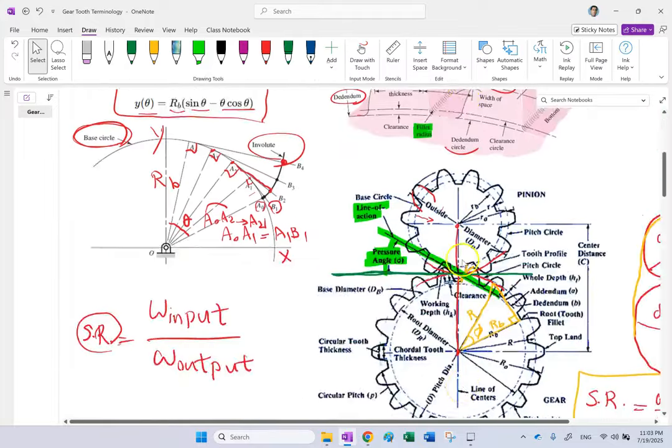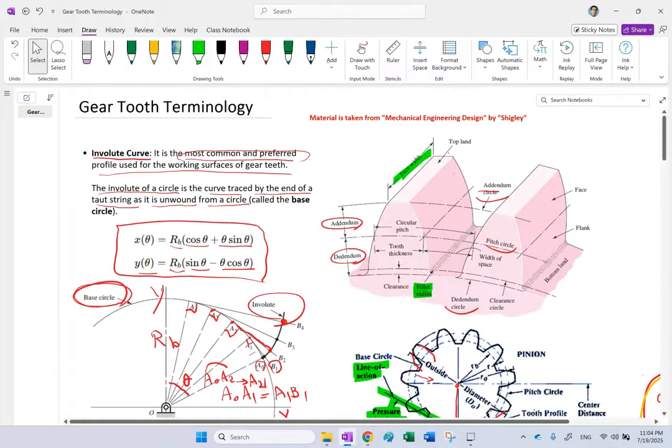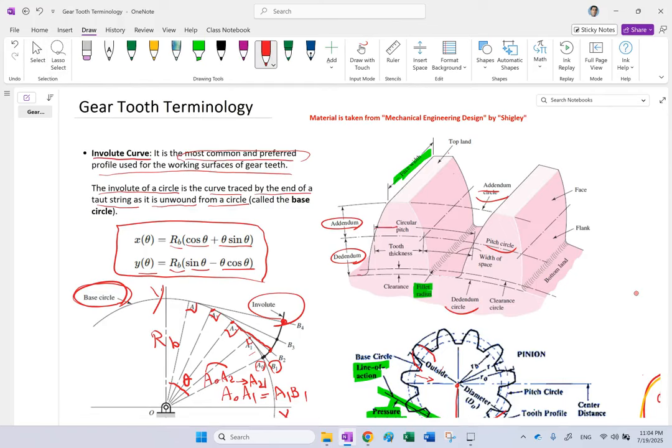The next thing you have is called the circular pitch. This distance here, circular pitch. What is this? It's pitch, you know, for a thread. If you remember threads, for a thread, pitch was the distance between one thread to the next, correct? Two similar points. For a gear, you can define something similar.